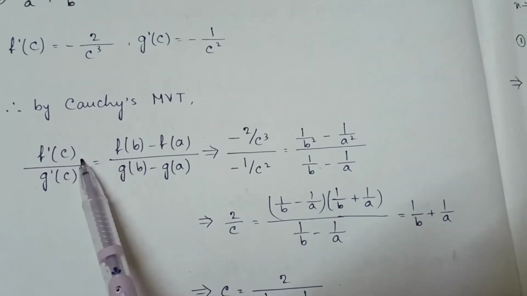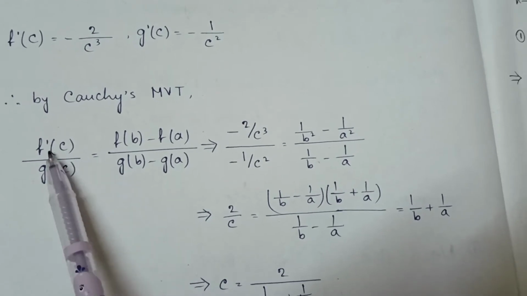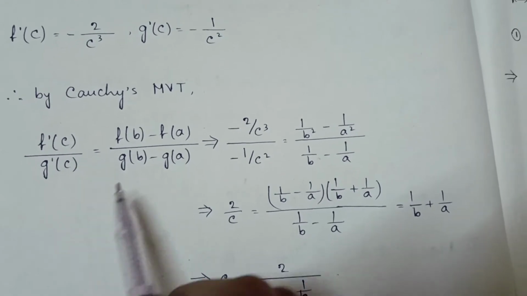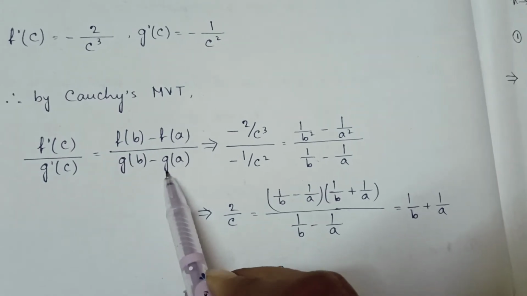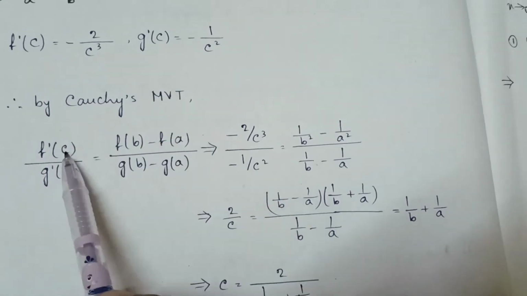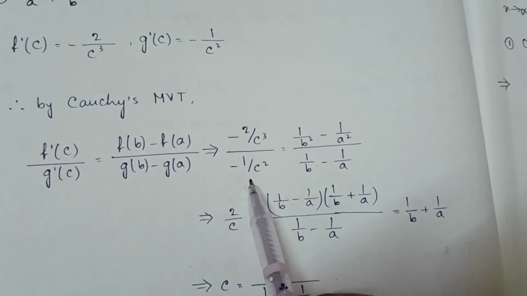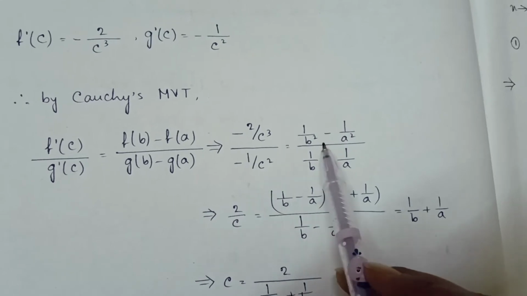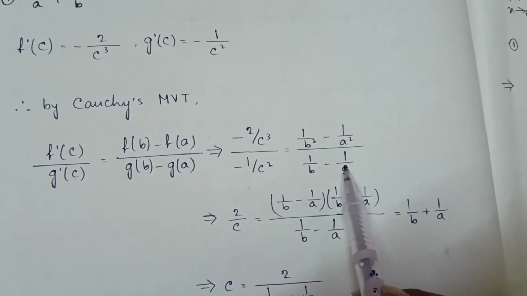Now put these values in the given equality. It will become f dash c over g dash c equal to f(b) minus f(a) over g(b) minus g(a). Now put these values into this equality. It will become minus 2 over c cubed and minus 1 over c squared, and here f(b) minus f(a) and g(b) minus g(a).